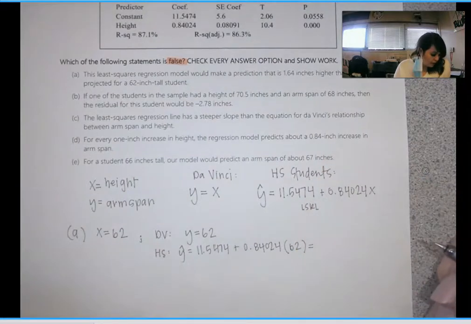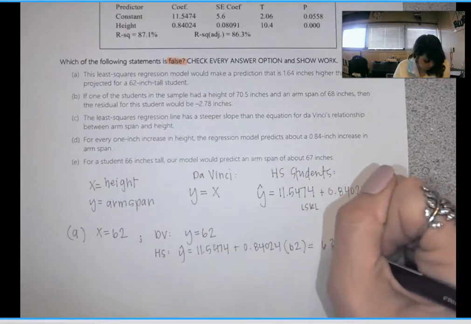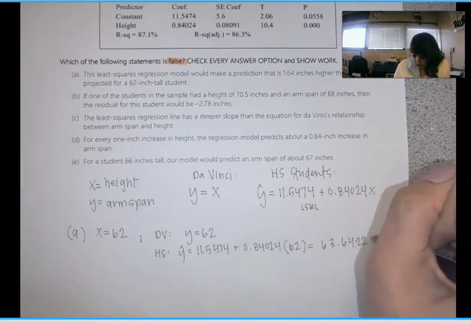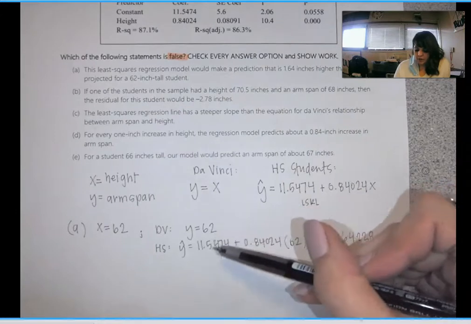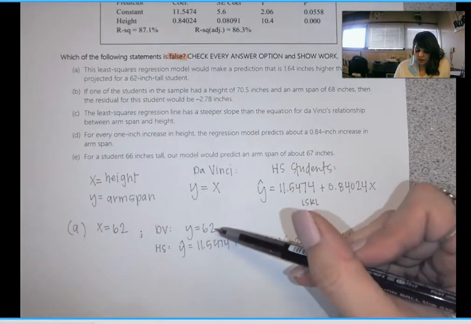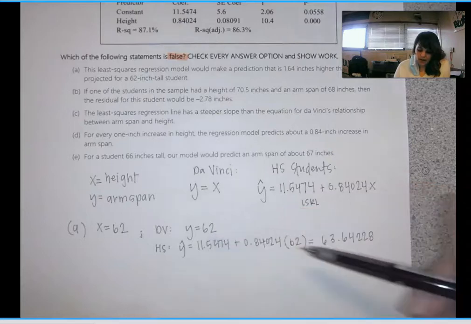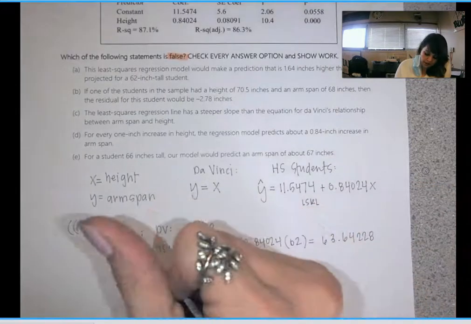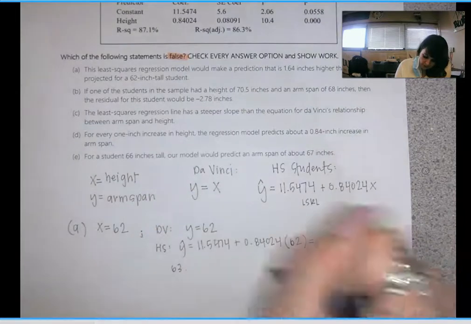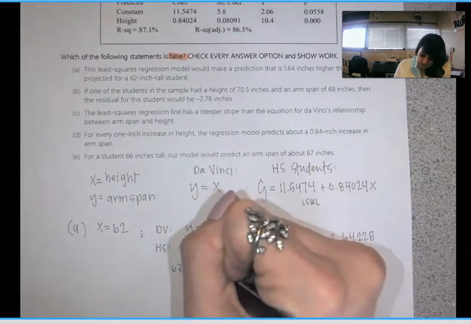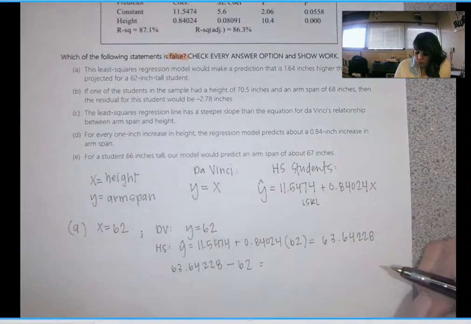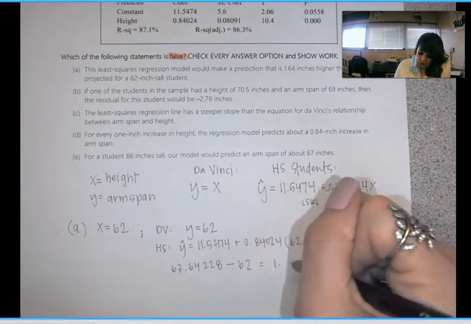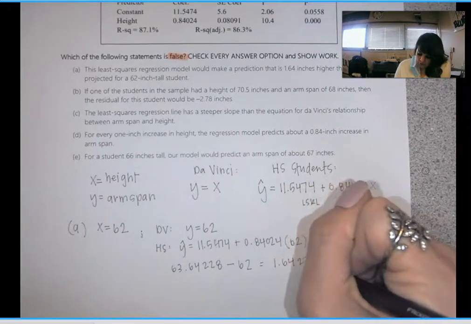If you plug that into your calculator, you get 63.64228. Okay, well, what is the difference between the high school's prediction and Da Vinci? Well, it's higher. Higher by how much? To find out, we would do 63.64228 subtract 62, which gives us a difference of 1.64228.